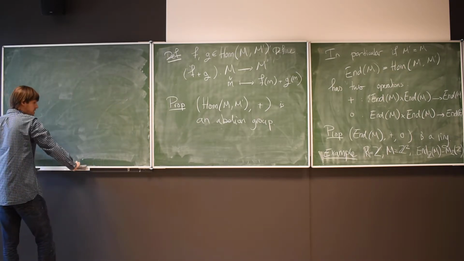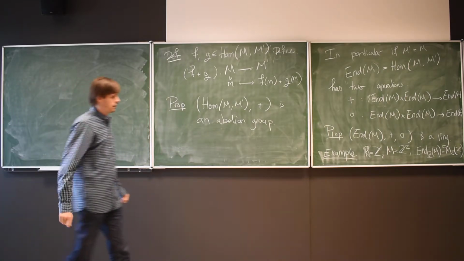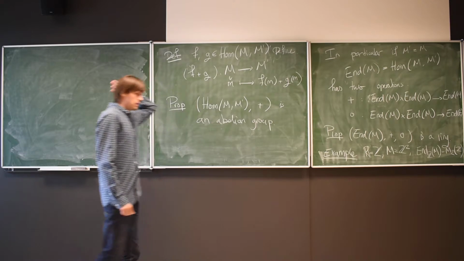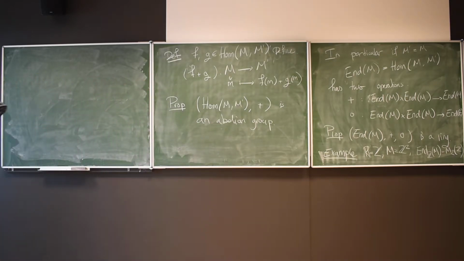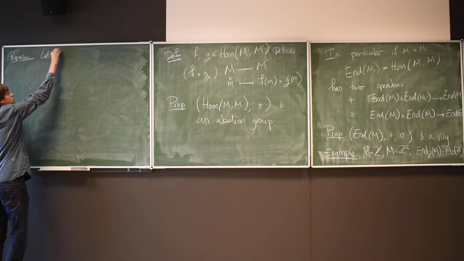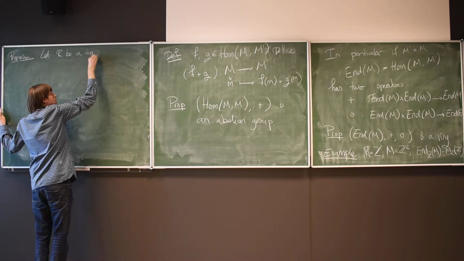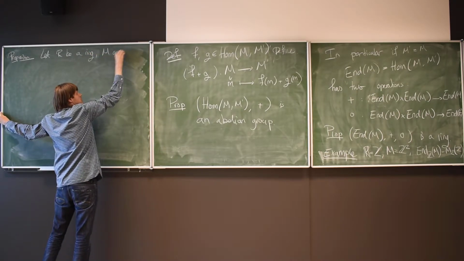So using this ring structure on the set of endomorphisms, I can give a second definition of R modules. So for that, I prove the following proposition, which states the following thing. So let R be a ring and M an abelian group.